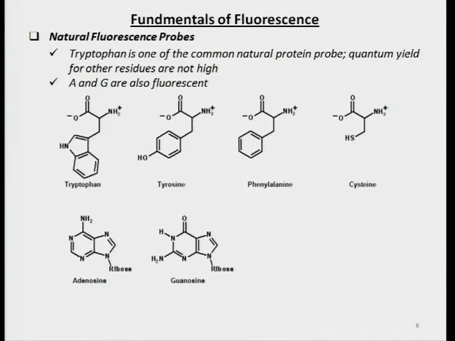The advantages are that there are some natural probes that are inbuilt into the system. Tryptophan is the residue that is typically studied because it has significant quantum yield. Although tyrosine does fluoresce, phenylalanine does fluoresce, cysteine does fluoresce, the quantum yields are not very good.